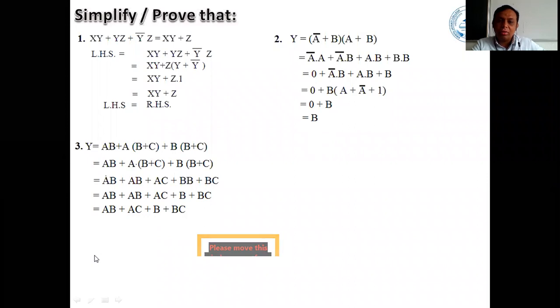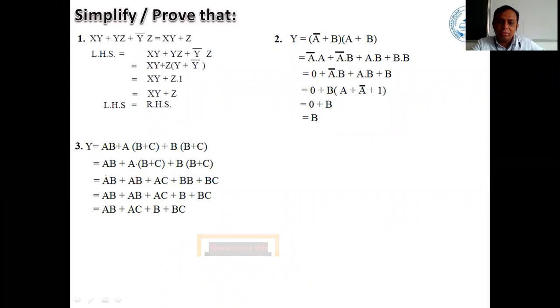Now think about how you are going to simplify this. When we try to take any common term, after taking the common term it should lead to further simplification. For example, in this case, if I take A common, I'll get only B plus C, and B plus C will not leave me any further simplification.